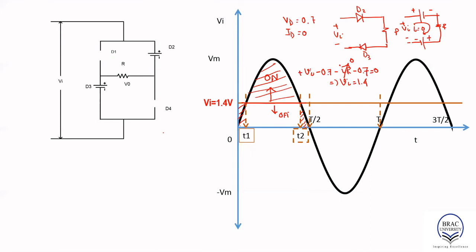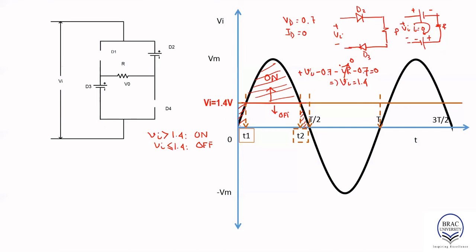So I can write mathematically, Vi greater than 1.4, on; Vi less than or equal to 1.4, off. So input signal greater than 1.4, both the diodes are on. Input signal less than or equal to 1.4, both the diodes are off.